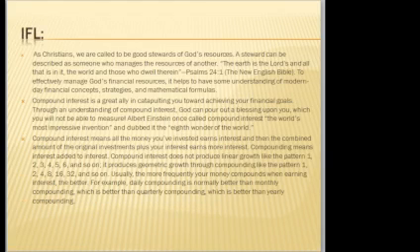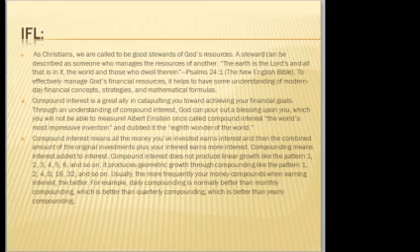As Christians, we are called to be good stewards of God's resources. A steward can be described as someone who manages the resources of another. In Psalm 24:1, the earth is the Lord's and all that is in it, the world and those who dwell therein.